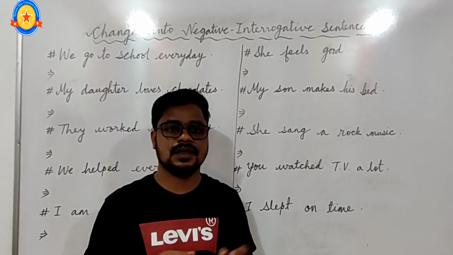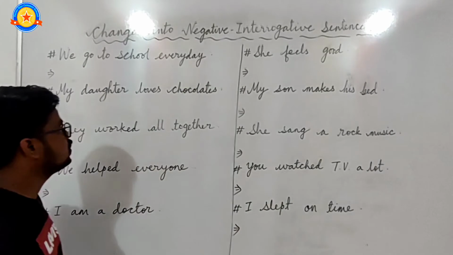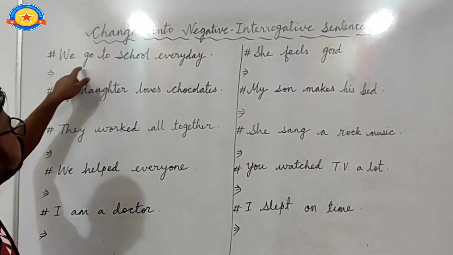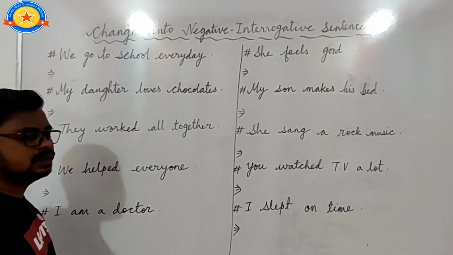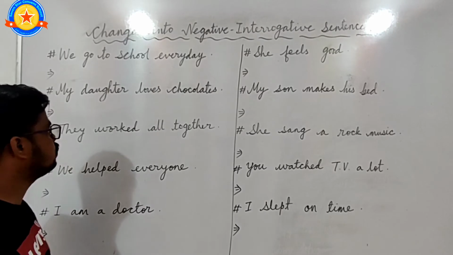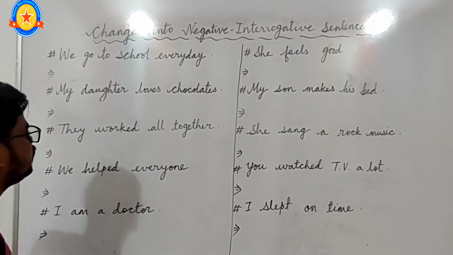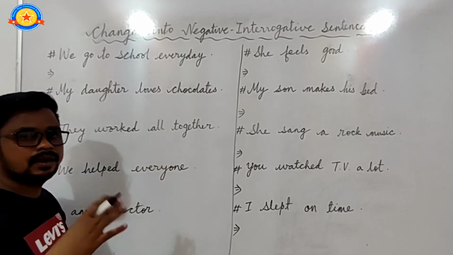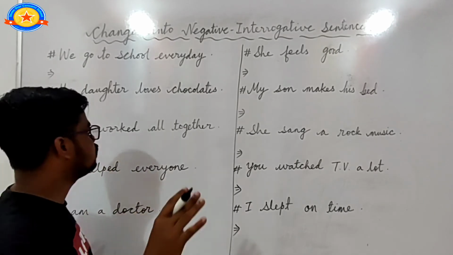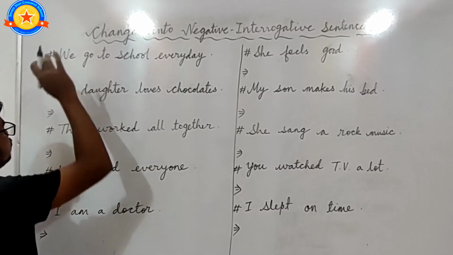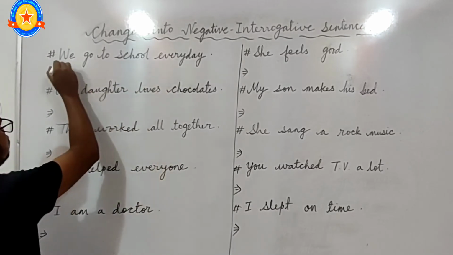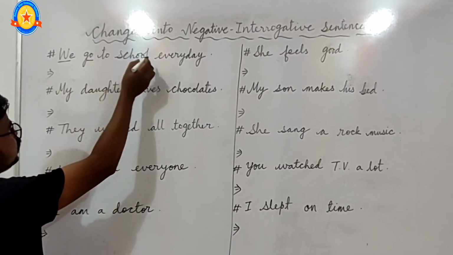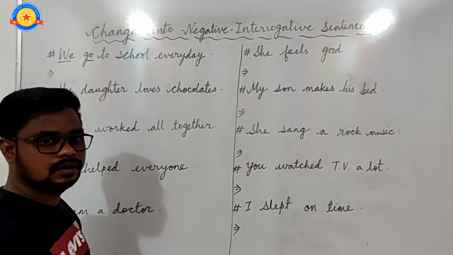So let's get started. The first question is: We go to school every day. This is simple present tense. In simple present tense, do or does is used according to the subject. Here we is the subject, go is the verb and the rest is the object.